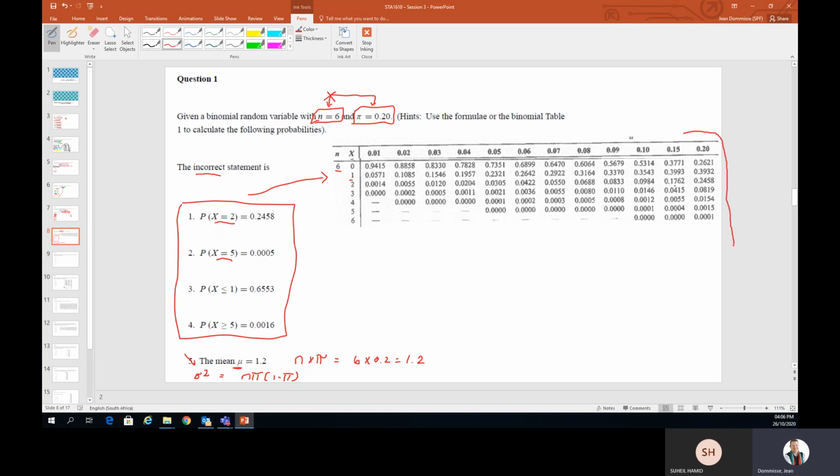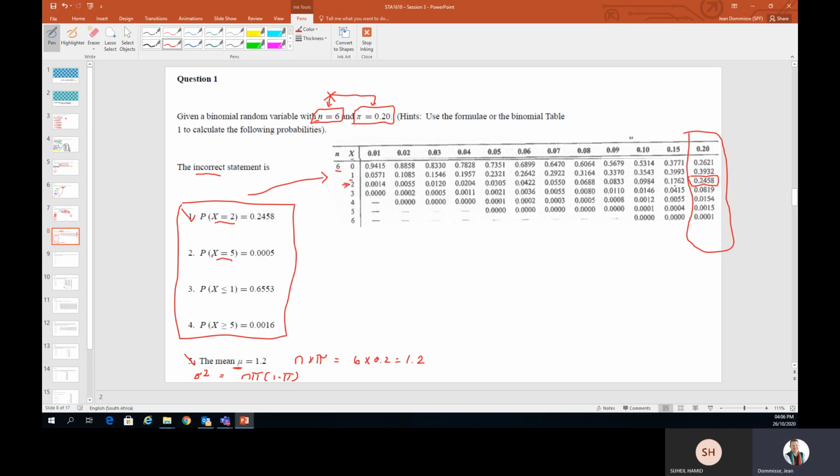So we're working with this block. Where x is 2, it is 0.2458. So that is correct.